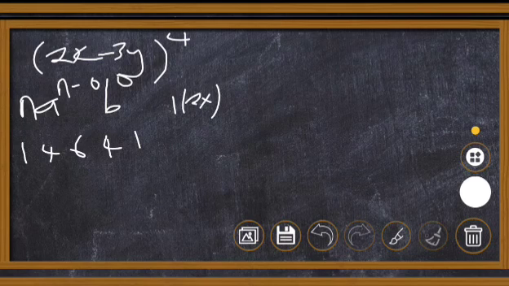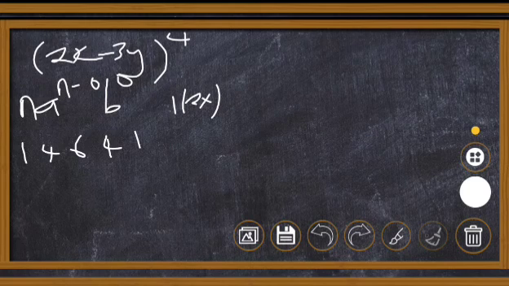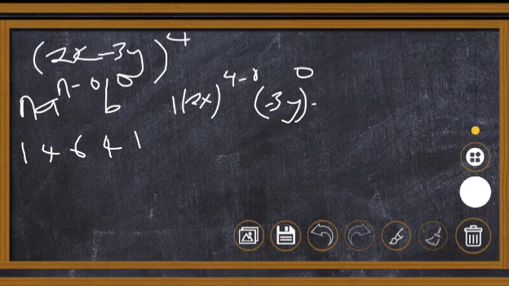On the power, where there is n, the power we have is 4, so it's 4 minus 0. And where there is b, we replace with negative 3y, power 0. Then plus.